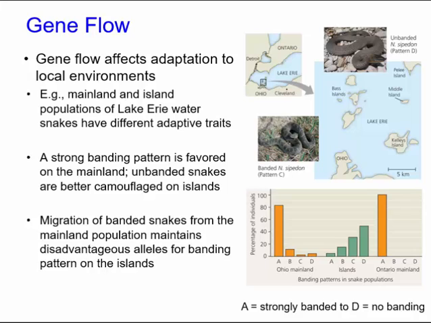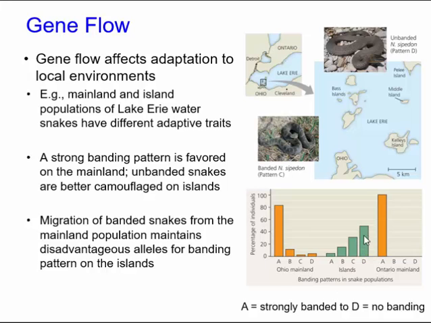But migration is happening between these two places, from the mainland to the islands. And so you're constantly introducing, via gene flow, the alleles that determine bandedness in these snakes.